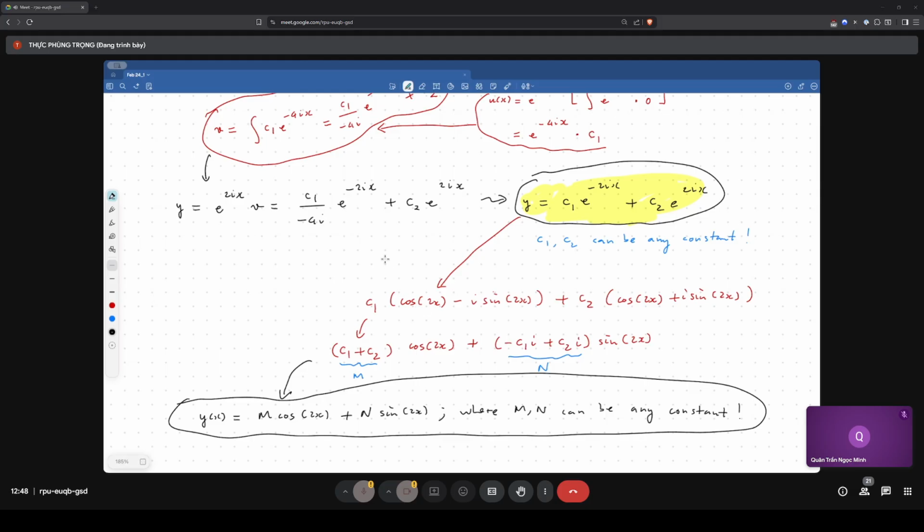Any questions? So if you use the imaginary number i, then you may like this form. Or if you want to have trigonometric functions, cosine, sine, then you can easily turn this one into the form right here. Both are the same, are equivalent.